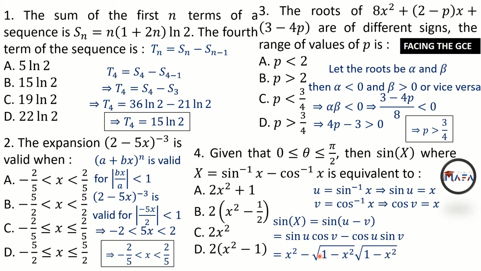When you multiply the square root of 1 minus x squared with itself, you just get 1 minus x squared. So our sign of capital X is just x squared minus 1 minus x squared. Simplifying, we get 2x squared minus 1, and then we can factor out the 2 and get 2 times x squared minus half. So option B is correct.